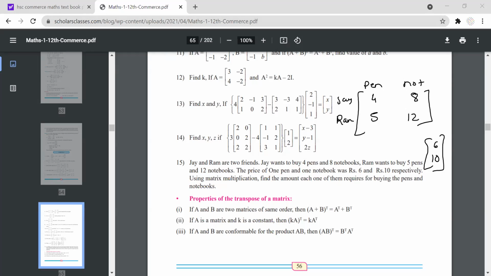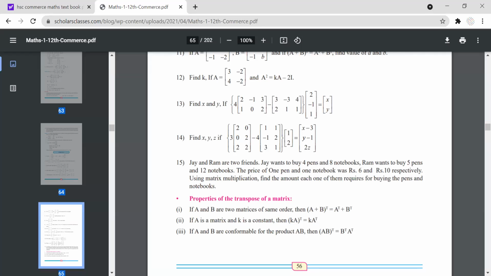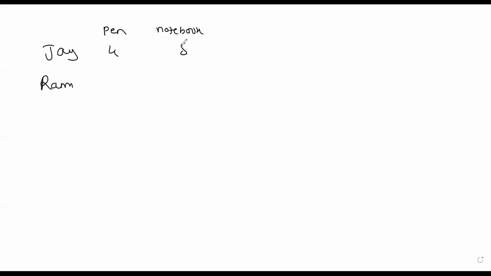So we will form a matrix. Jay, Ram, pen, notebook. 4 pen, 8 notebook. 5 pen, 12 notebooks.